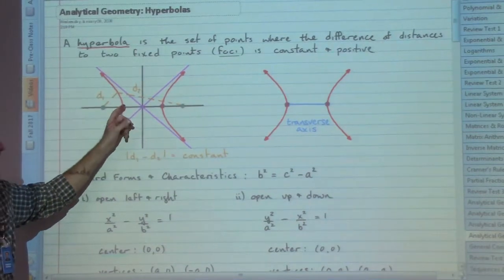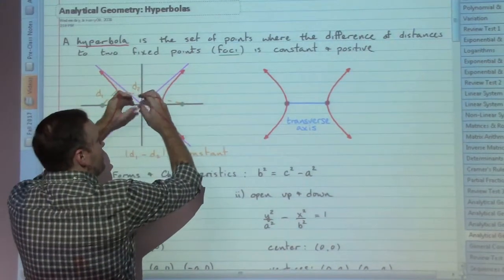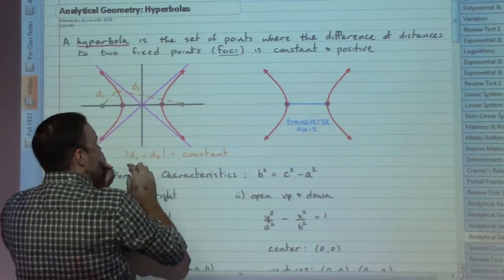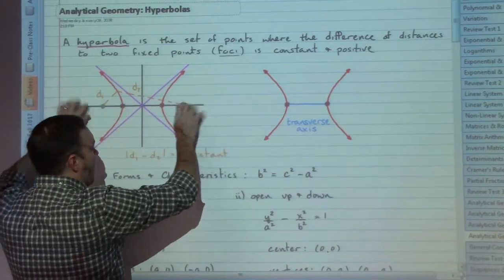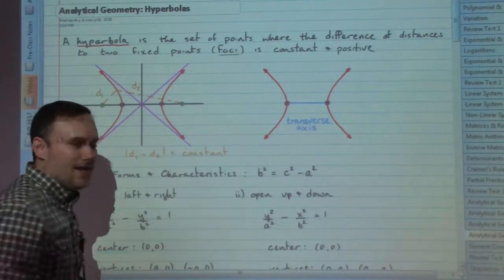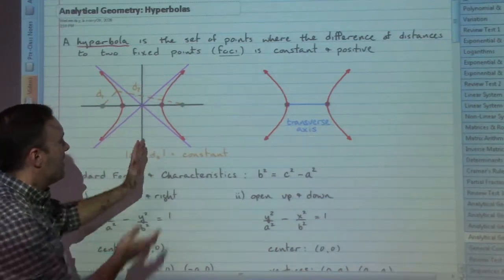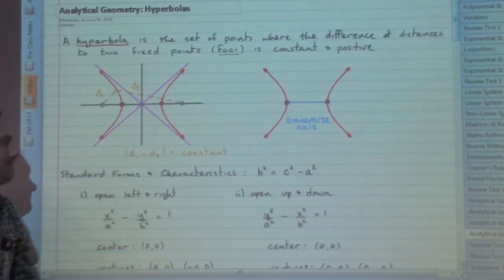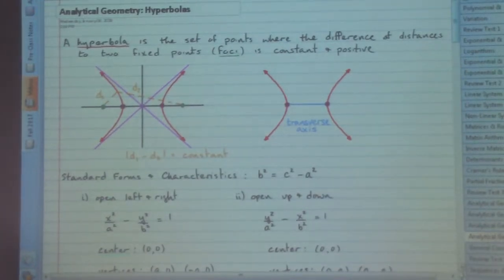The vertices stayed the same. Now what's happening is the foci got blown out. So that's a cute little way of trying to think about things.